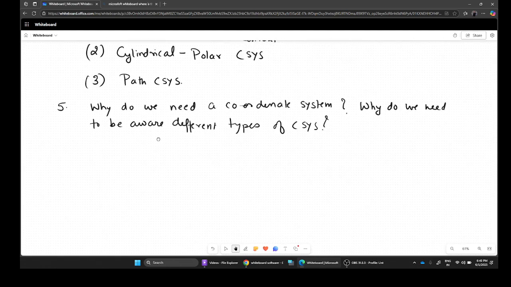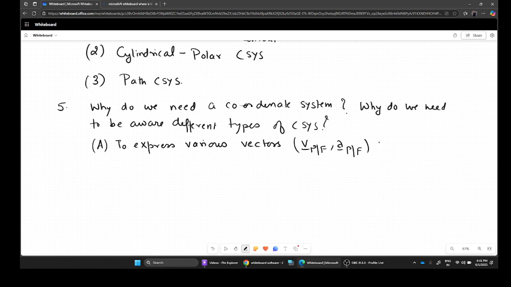The answer to the first question is, we need a coordinate system to be able to express various vectors like VPF, APF in terms of the native unit vectors of a coordinate system.